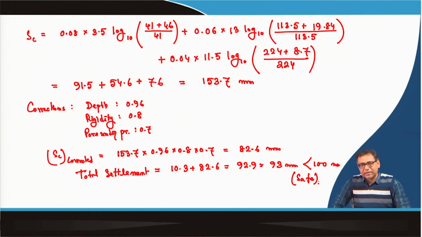So I have finished the shallow foundation part. In the first module I discussed how to determine the soil properties by using different field tests. Then I discussed the bearing capacity calculation, then the settlement calculation for shallow foundation.